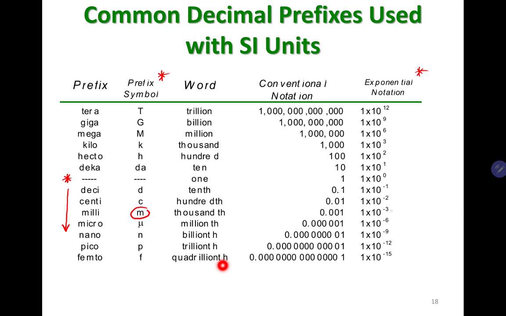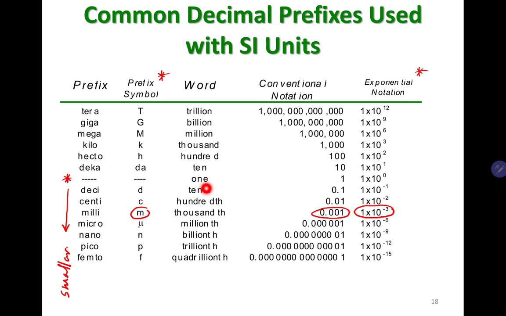Milli has 10 to the power minus 3, or 0.001 value. So you are making the SI unit smaller when you go down this table.